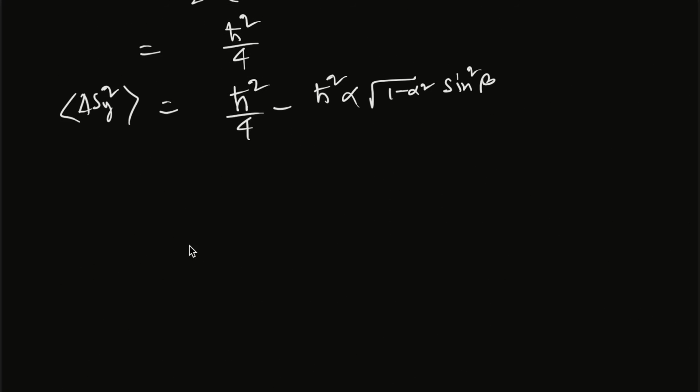So let us calculate delta sx square multiplied by delta sy square.